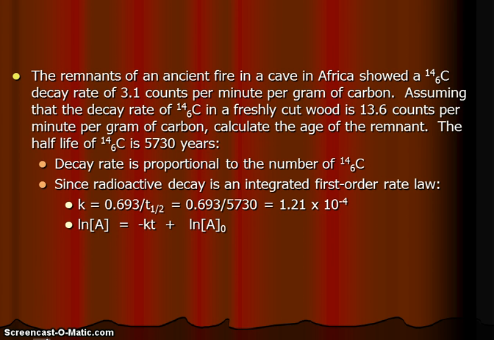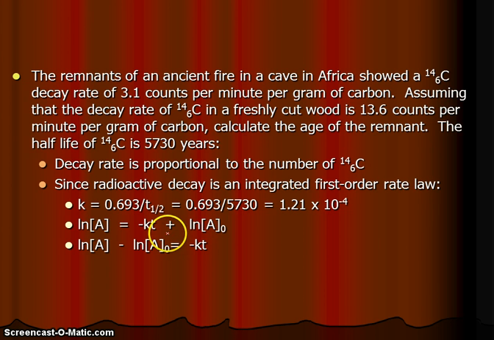Next, we're going to look at the integrated rate law equation, which is the natural log of the concentration after a particular amount of time equals negative k times the time plus the natural log of the initial concentration. Again, we need to remember that the decay rate is proportional to the amount of material that we have. So we can manipulate this equation a little bit.